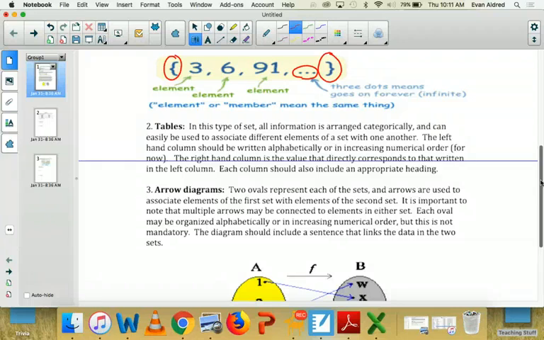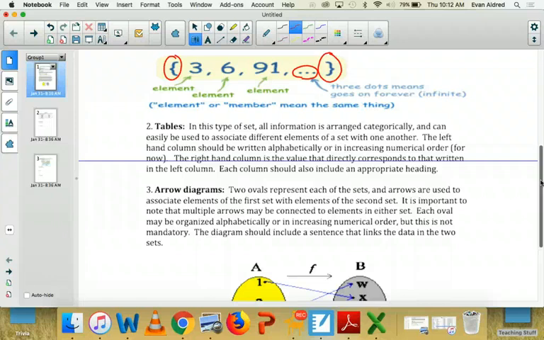The second way in which we will organize relations is with a table. Everybody has used tables before, not even just in math class. You use them in any number of other courses. A table is just an arrangement of data where elements on the same row are connected to one another, or related to one another, or associated with one another. The left-hand column should be organized.